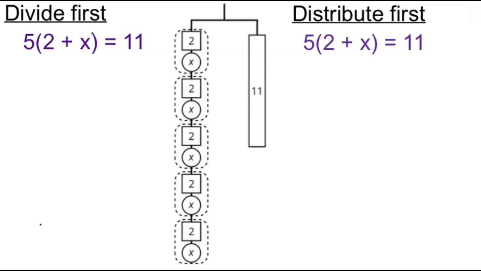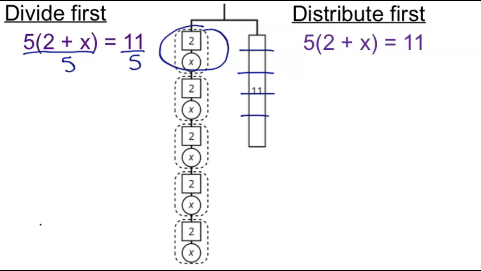So if you choose to divide first to solve this equation, the first thing you do is divide those 5 groups. So we would divide each side by 5. That would tell you how much is in one group. And then on the other side, you would also want to divide into 5 groups to get how much is in each.